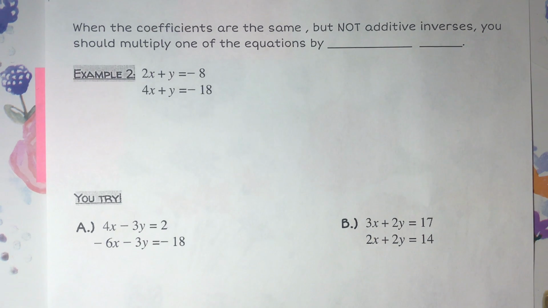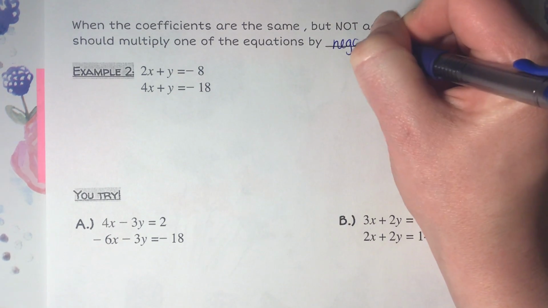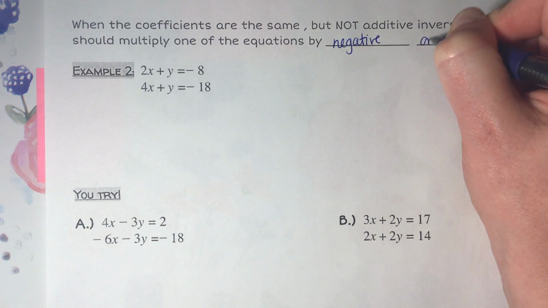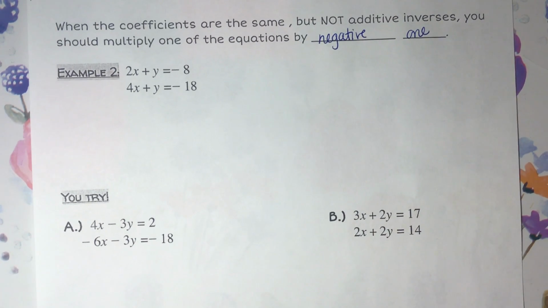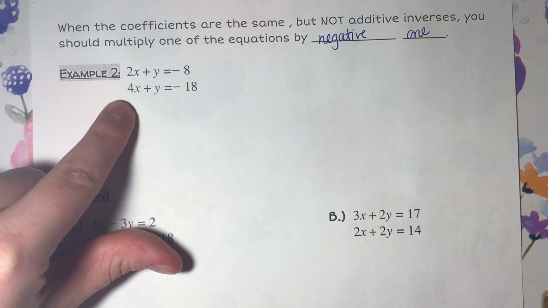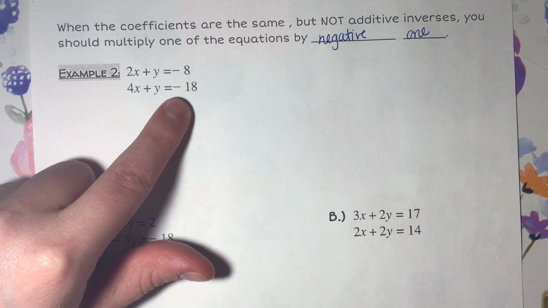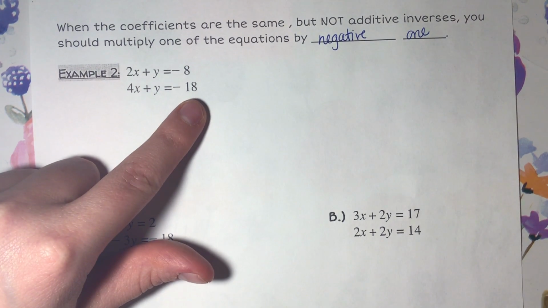So when the coefficients are the same but not additive inverses, you should multiply one of the equations by negative 1. For example, notice in this problem, I have 2x and 4x, y, and then negative 8 and negative 18. All of them line up, which is great.